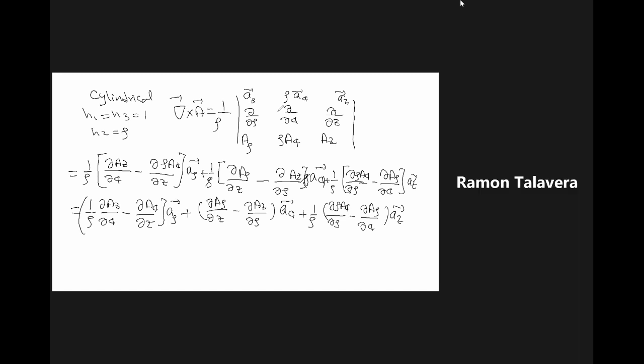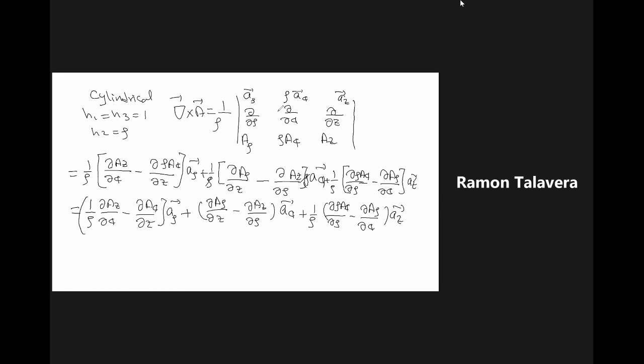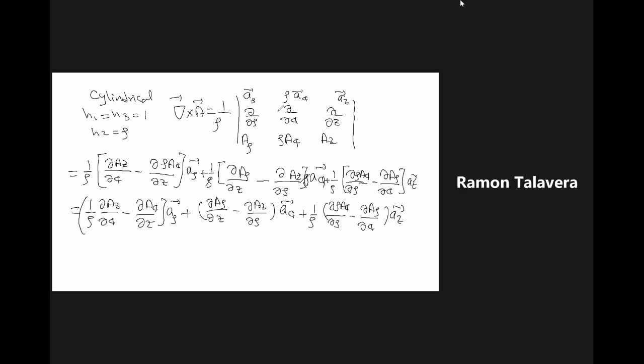Professor, when does H2 come into play for ρ? What is H2? You don't remember H2? Do you remember from the first part of the course? H is length conversion.